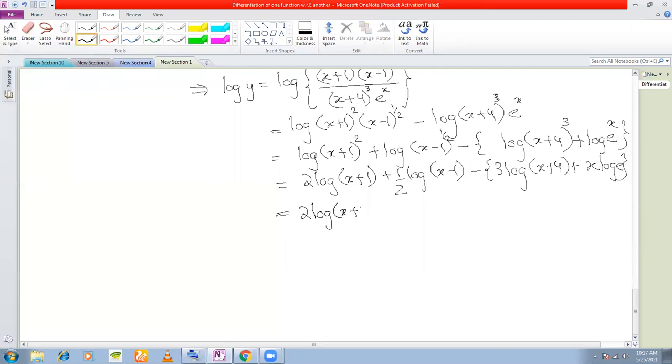Open the brackets. Now what is log e? Log e is 1.